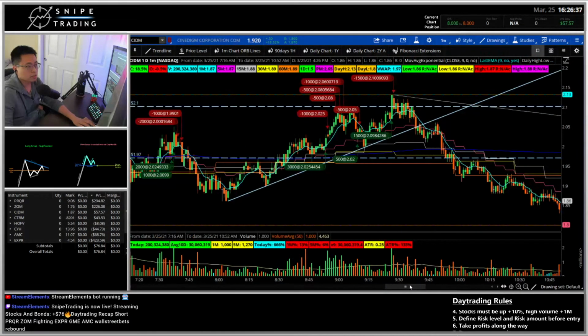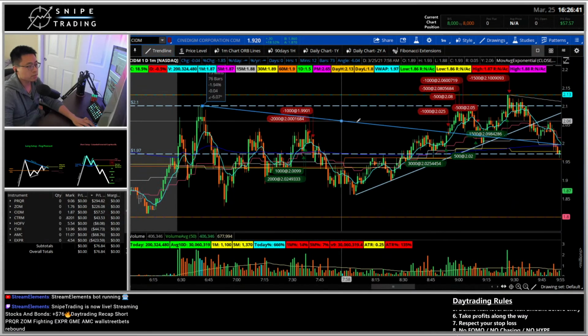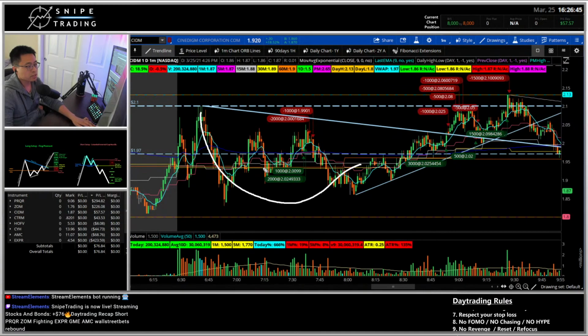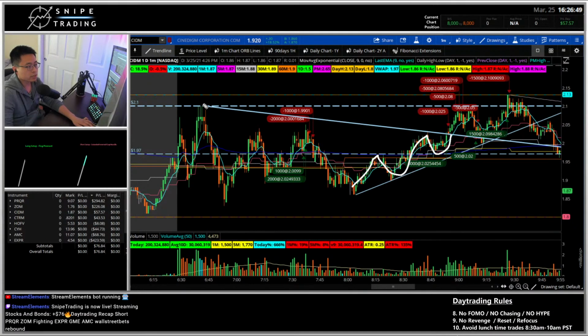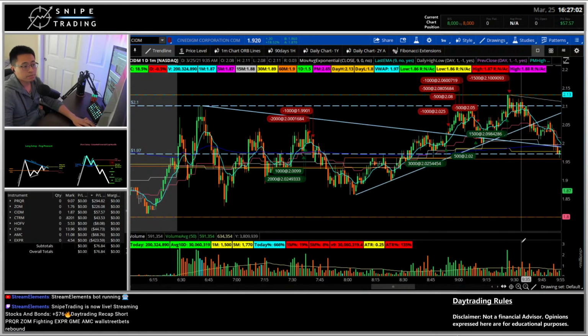And then it had another flag here later on. So this was a decent looking flag. Support or resistance became support. Flag line drawn. Break of it. Went long there, 3,000 shares. Downsized a bit because it wasn't going. And then took some profits along the way there, and then stopped out the rest.